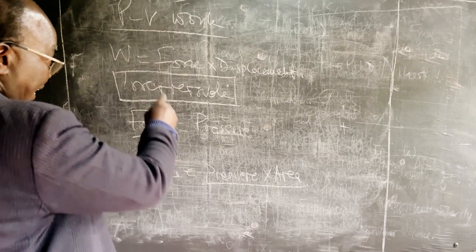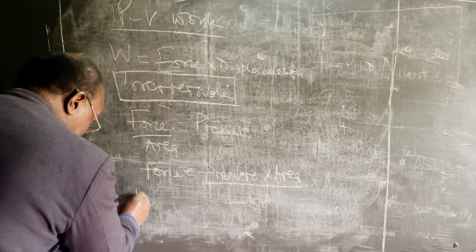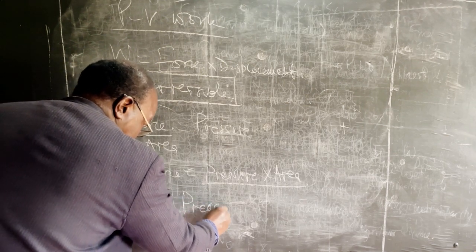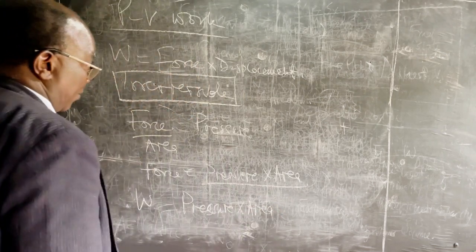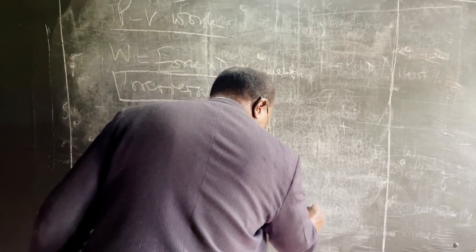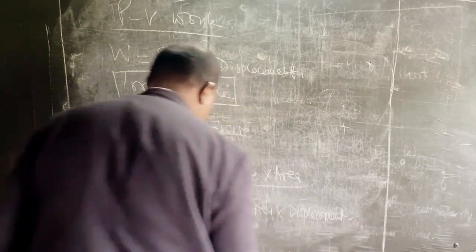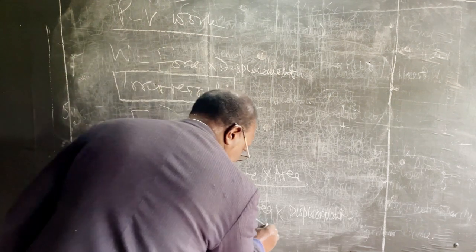So we can replace that with the force there, so that W now is pressure times area times displacement. So if you work with these particular quantities, what is area times displacement?